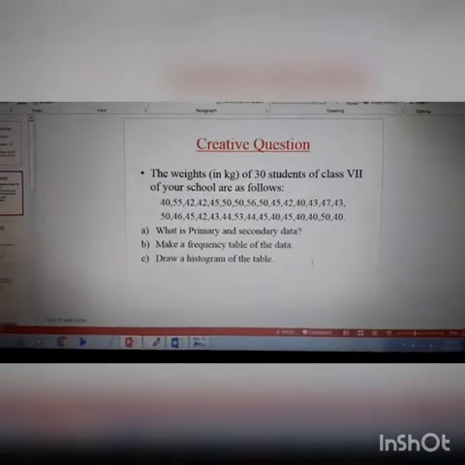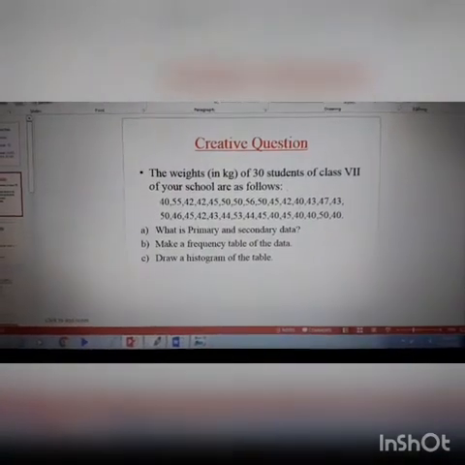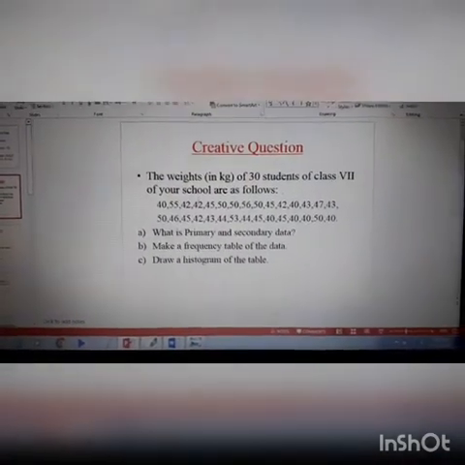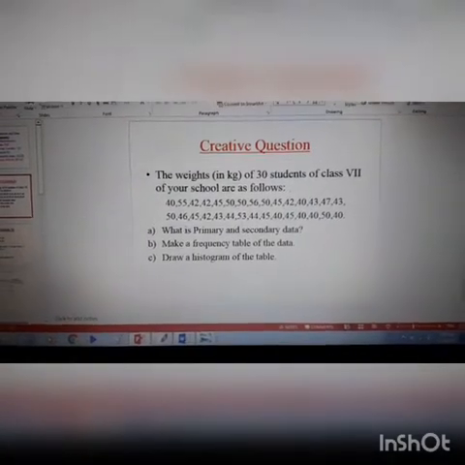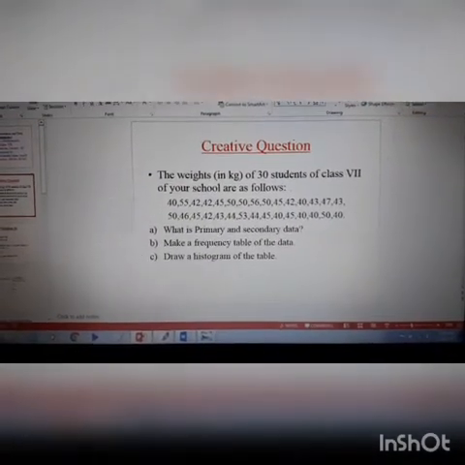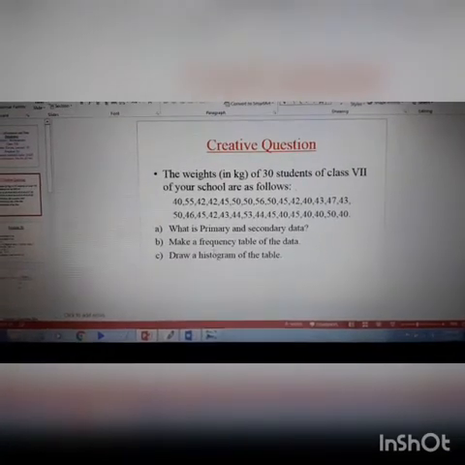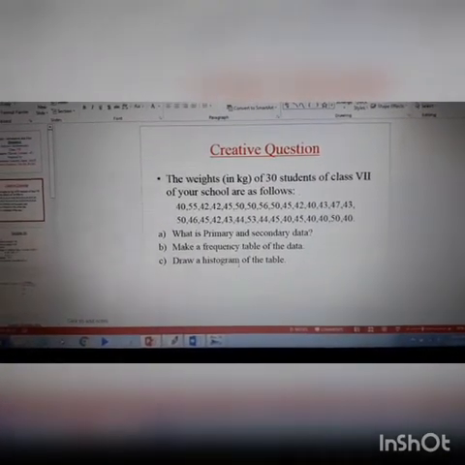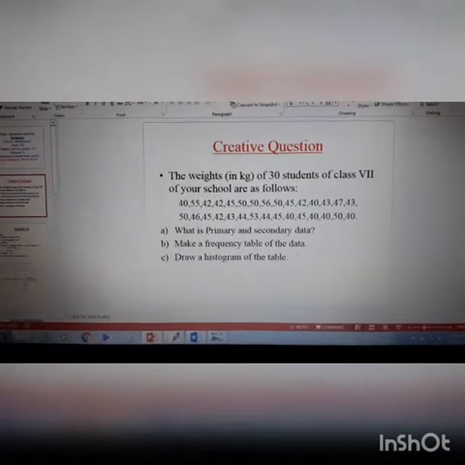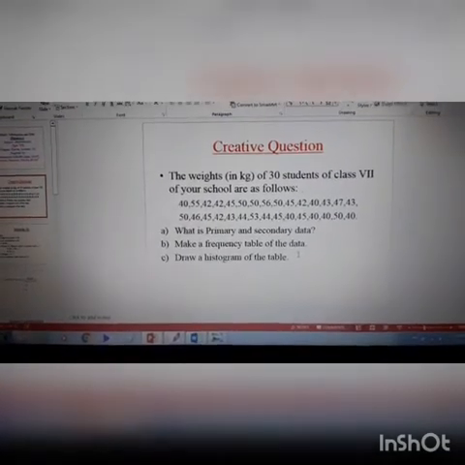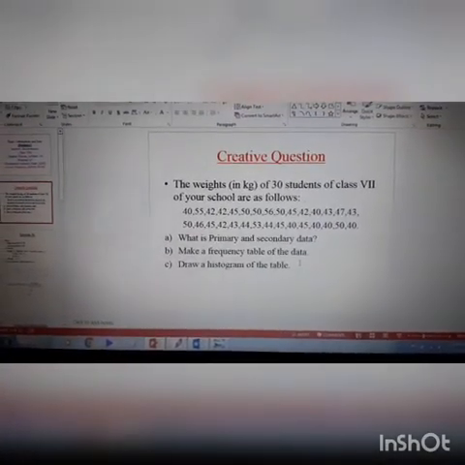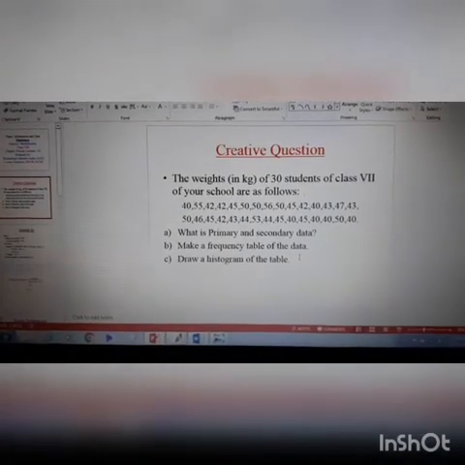Dear learners, this is the data, which is like the previous class, but here in number C it says make a frequency distribution table. That means to draw a histogram we must have a frequency distribution table. Sometimes the frequency distribution table is given directly.